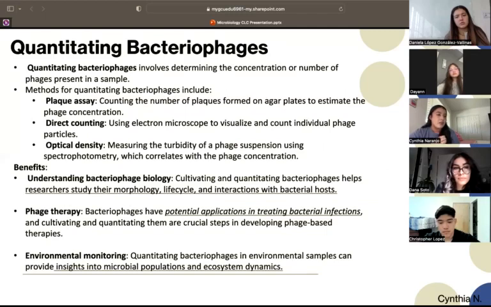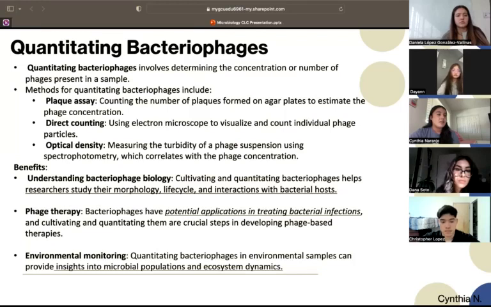Another is direct counting, which is done by using an electron microscope to visualize and count individual phage particles. Next is optical density, which is measuring the turbidity of the phage suspension using spectrophotometry, which correlates to the concentration.